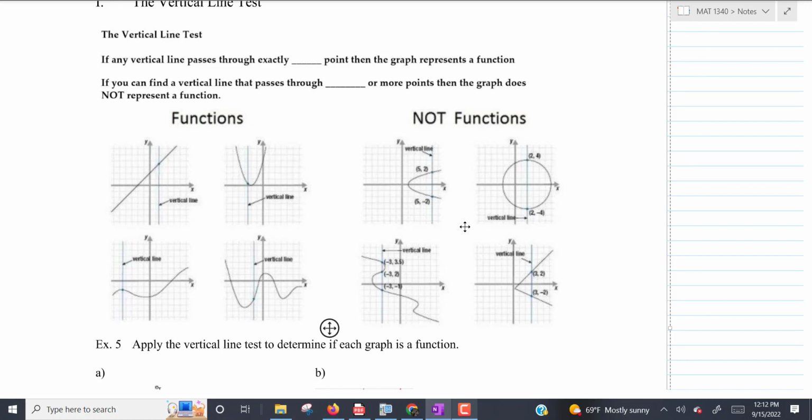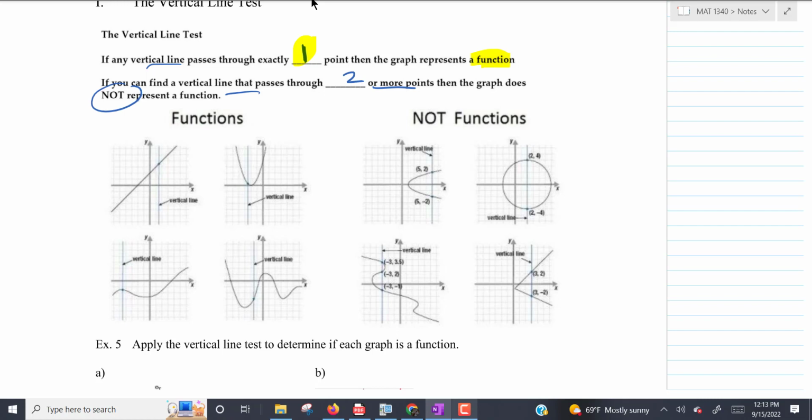If any vertical line passes through exactly 1 point, then it's going to be a function. On a graph, every time you draw a vertical line, it only has to pass through the function in 1 point. And if you can find a vertical line that passes through 2 or more points, then it's not a function. And you want to understand why that is.